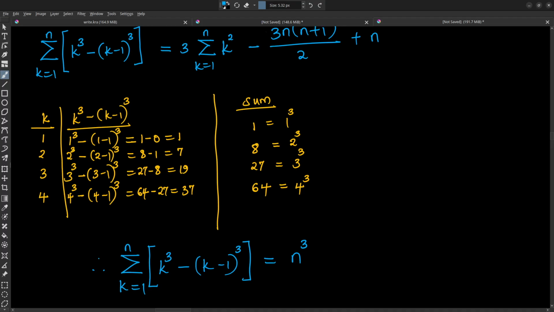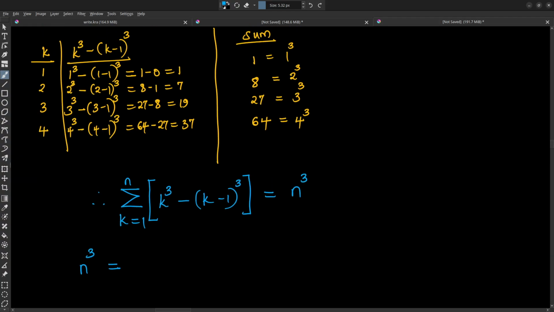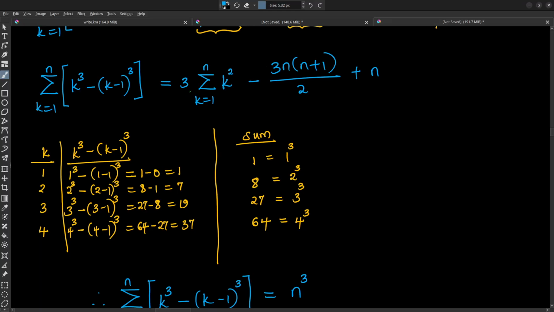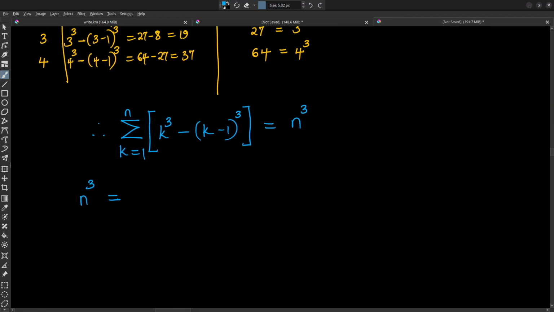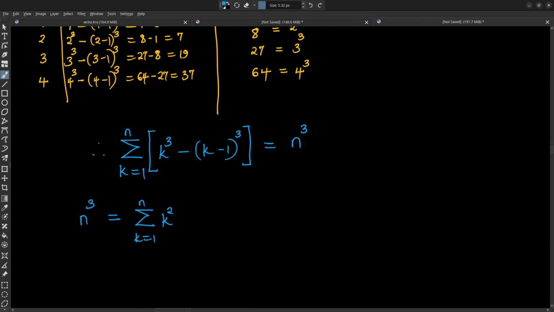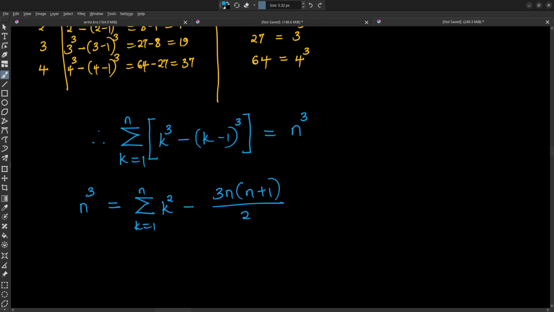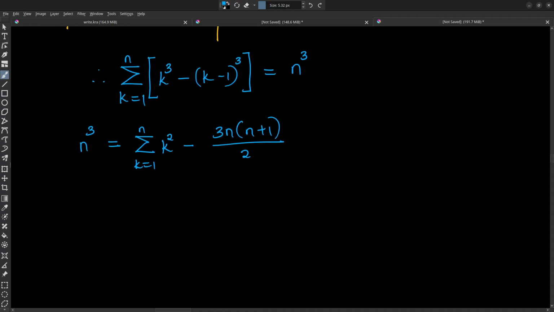So that's it. Now the left side of the expression is n cubed, so we know that n cubed equals, then we go back to our equation. So we had 3 times the summation k equals 1 all the way to n of k squared, and then minus 3n(n plus 1) over 2, then plus n.